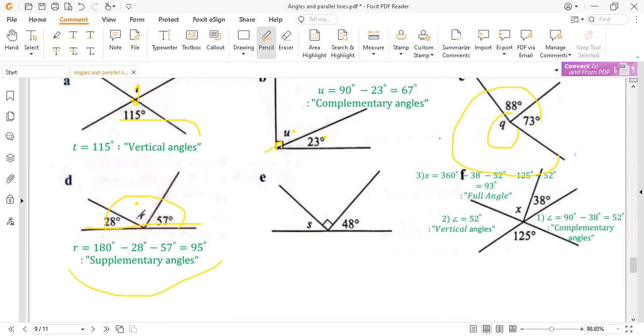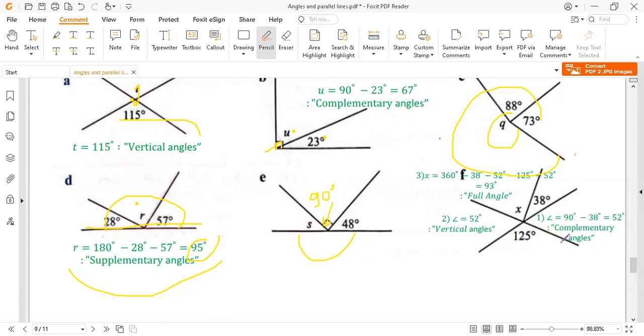So the remainder is 180 minus the sum of 28 with 57, and we obtain 95 degrees. We have the mark of a right angle, so this is equivalent to 90 degrees.